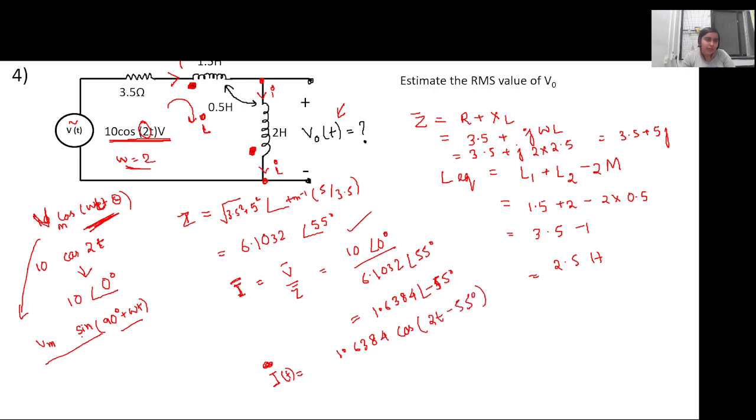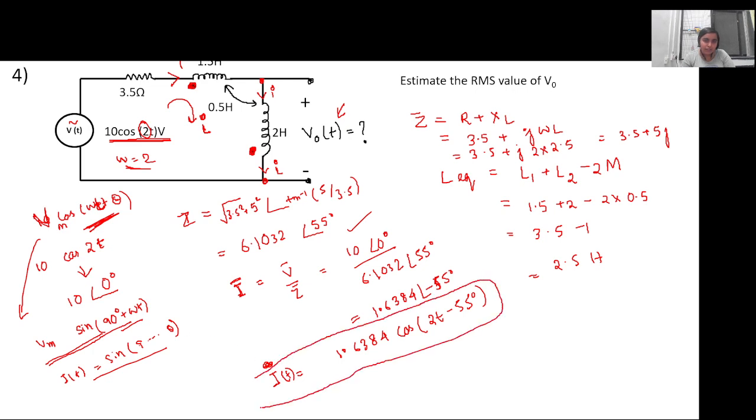Please note that if you are using the standard convention, that is sine of 90 plus omega t, then when we convert to I of t, you will write I of t as sine of whatever the angle might be. So now we have the time varying current that is flowing through the circuit.